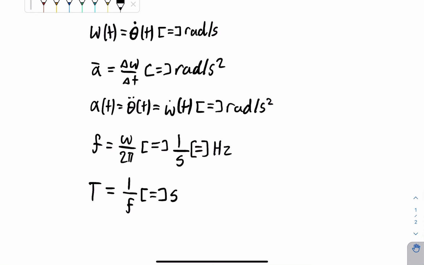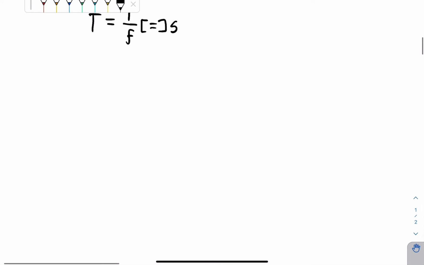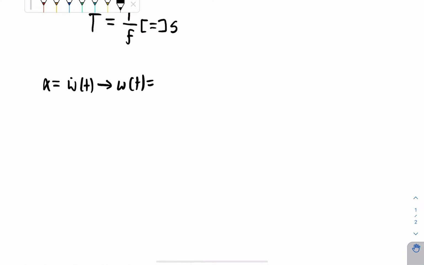Now we shall take a look at our equations of motion. We shall do this by integrating uniform circular motion, a constant alpha. Alpha is equal to omega dot of t. Thus, we can say that omega of t is equal to omega naught plus the integral between t naught and t of alpha dt.